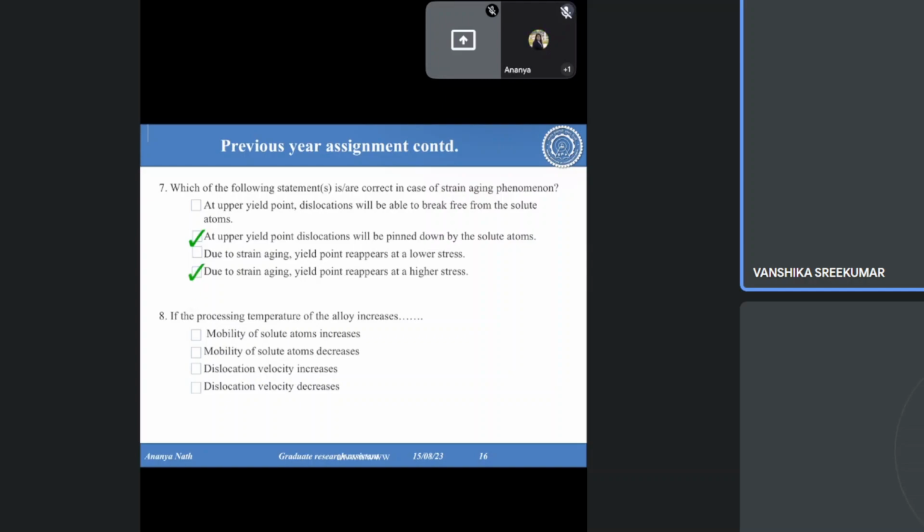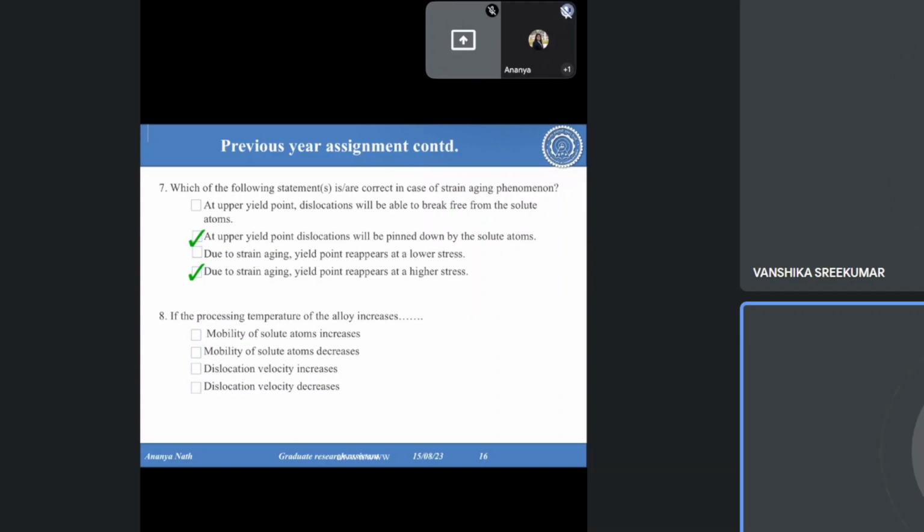No, for higher, not for lower stress. The yield point reappears at the higher stress. Sorry. Okay, no problem, I'll recheck. Again, I have just copy pasted it from the previous year question answers.